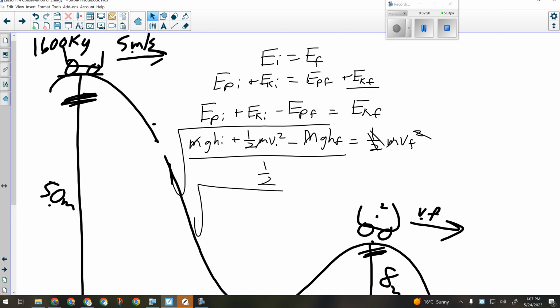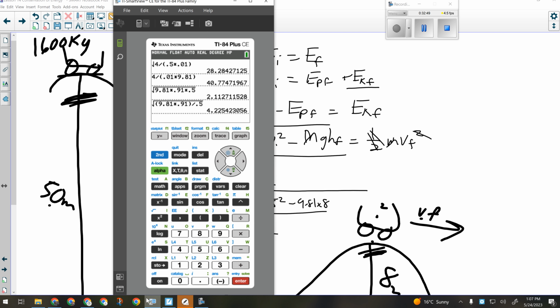So what we're looking at here is 9.81 times 50. That's my initial potential. Plus 1/2 times 5 squared, my initial kinetic. Minus 9.81 times 8, my final potential. Divided by 1/2. That's going to get me VF.